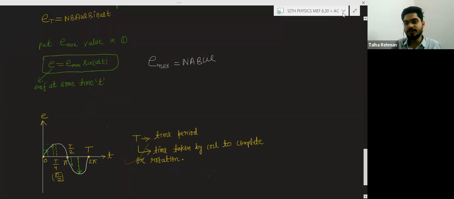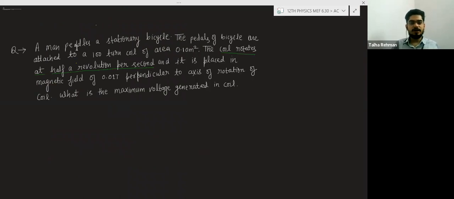And what is the maximum EMF induced? So we will solve one question. This question is from NCERT. A man pedals a stationary bicycle.